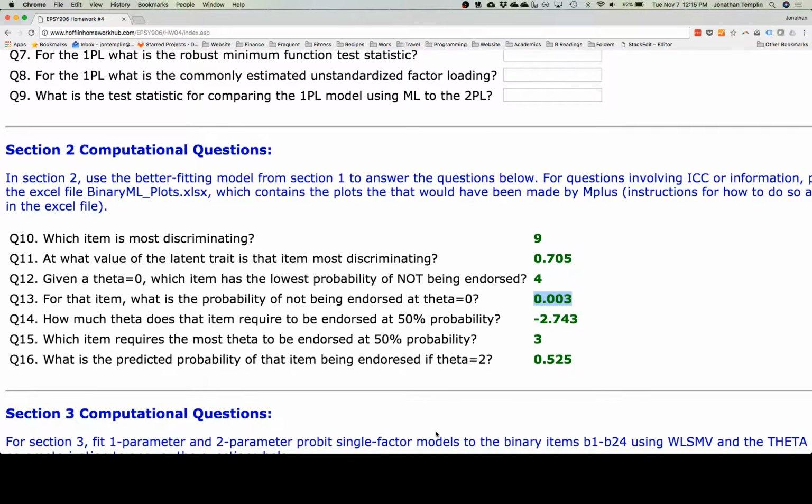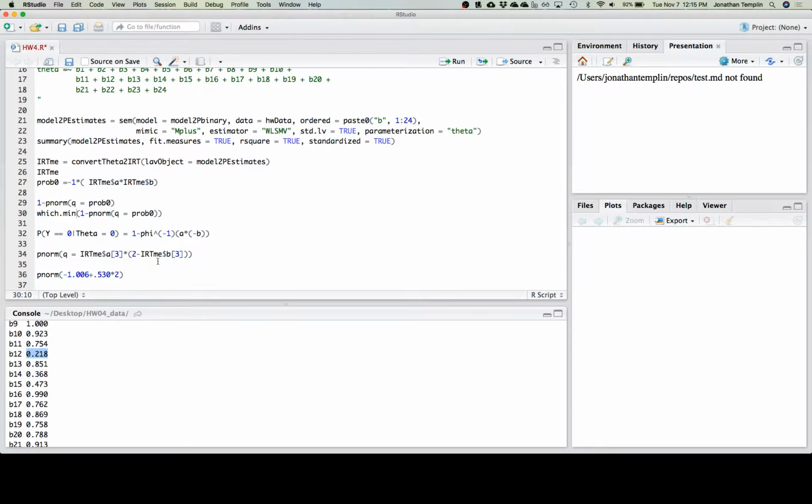Item 14, how much theta does that item, so this is now item 12, require to be endorsed at 50% probability? Well, you get the answer to that item if you knew it was item 12. If you go back to R, the 50-50 part is what? The item difficulty. So if we look at the item difficulty for item 12, we would find the answer there, which would be negative 1.997.